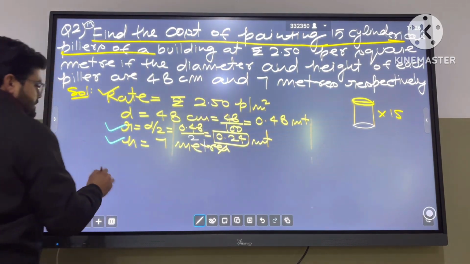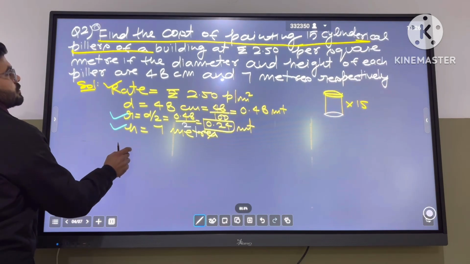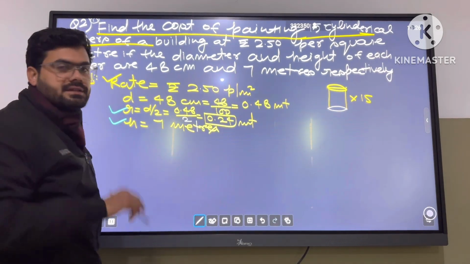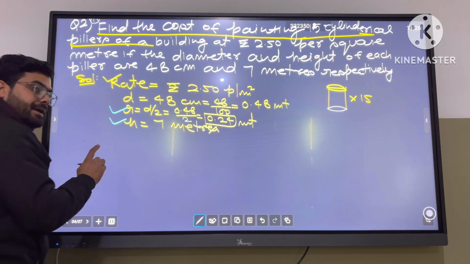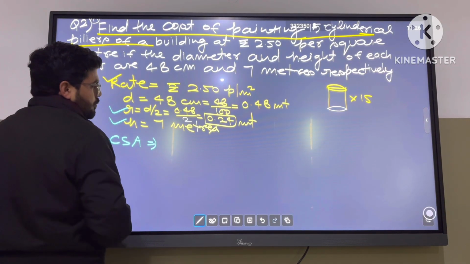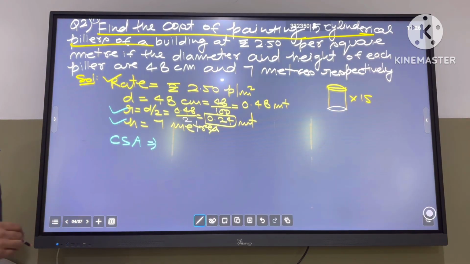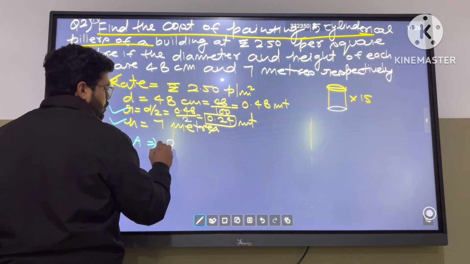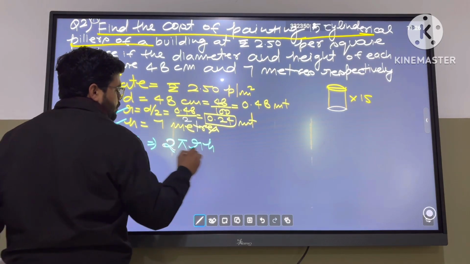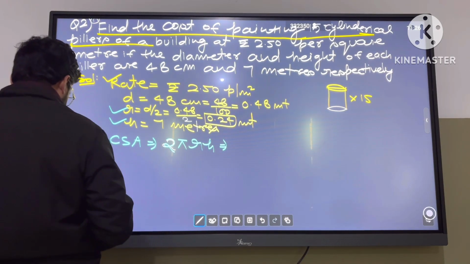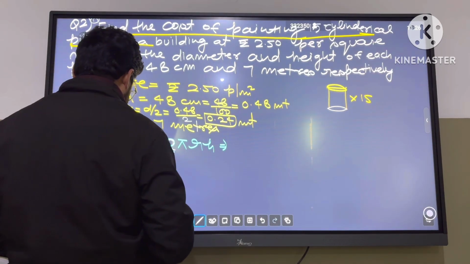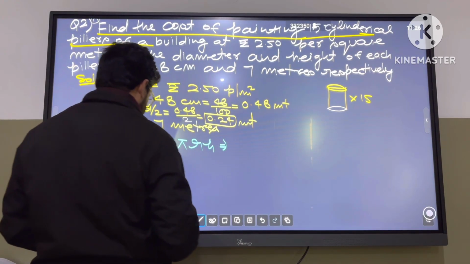So dear friends, in this question we will find the curved surface area of one cylinder for painting. What is the formula for curved surface area of cylinder? 2 pi r h. So 2 pi r h is the curved surface area of cylinder.